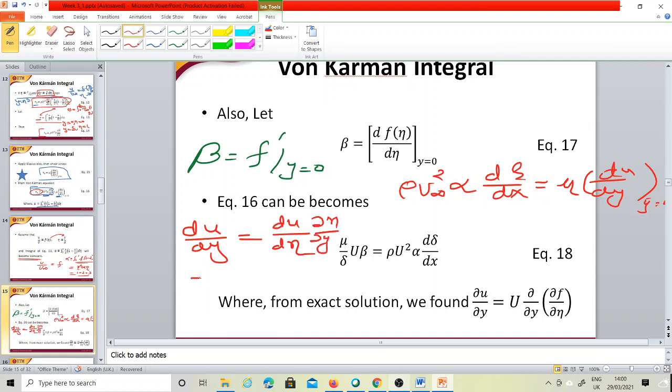So du by d eta in this case is u infinity f prime, because your u is actually u infinity f, so it should be u infinity f prime, and del eta by del y is nothing but g. So you have this value.